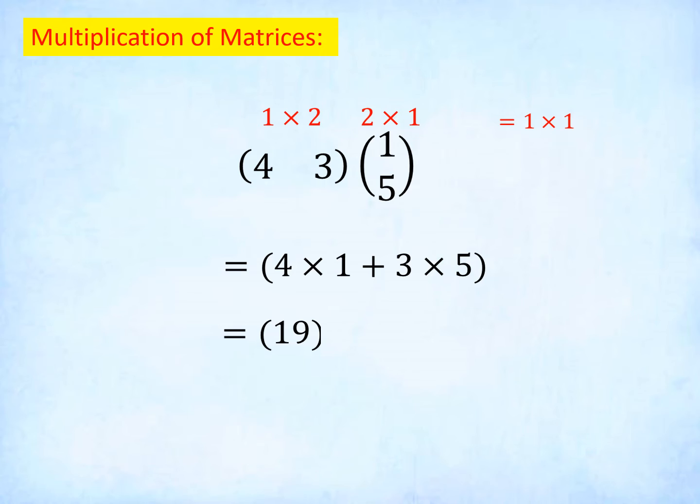It is very important for us to know the order of the product so that we can foresee what we are going to do. In here, we are going to multiply the row times the column. So 4 times 1 plus 3 times 4. So we have the matrix 19. As you can see, it is 1 by 1.